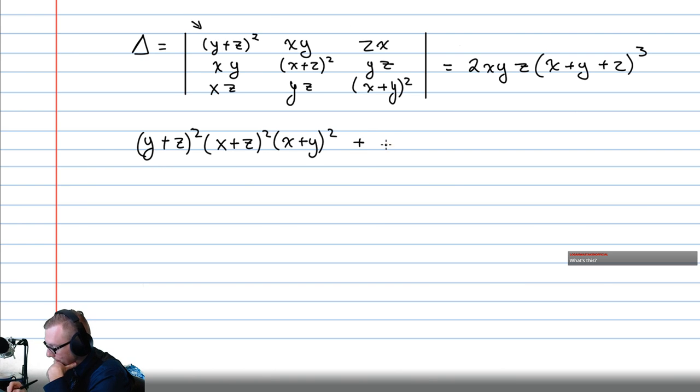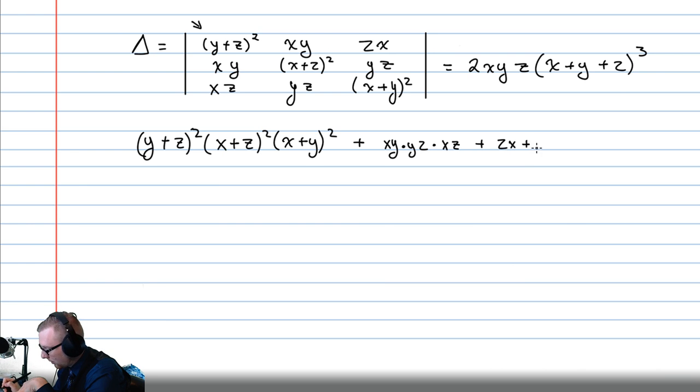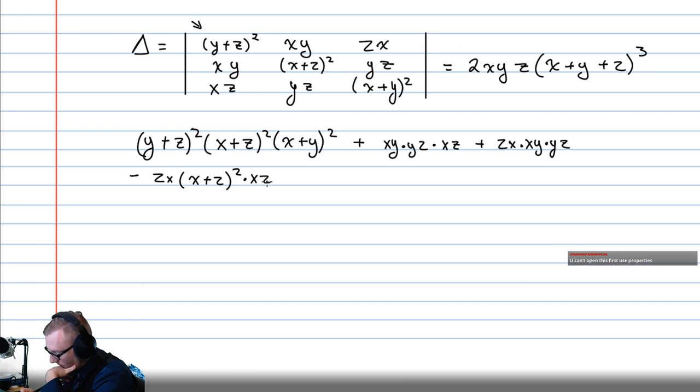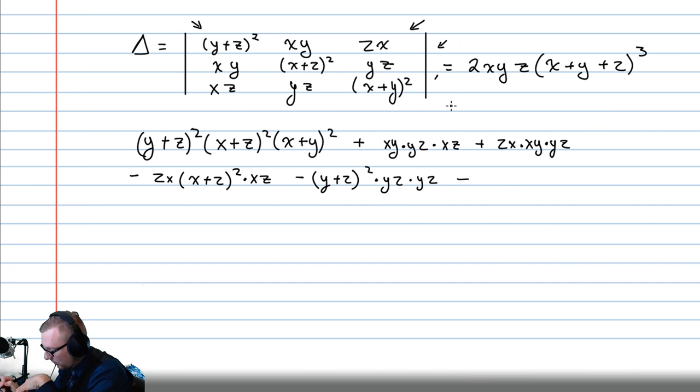And then I would do plus xy times yz times xz, plus zx times xy times yz, and then subtract zx times x plus z squared times xz, minus, so go in the other direction, minus y plus z squared times yz times yz, minus, and this one, x plus y squared times xy times xy.